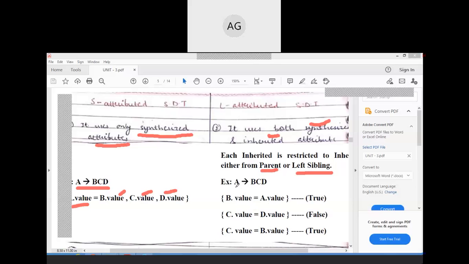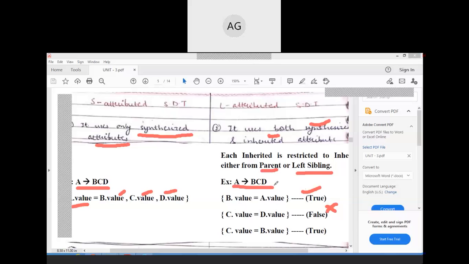Like if we have the production A produces B, C, D, then if we need to calculate the value of B from the value of its parent, this is possible. If we calculate the value of C from its other sibling, like from D, this is not possible. Why?